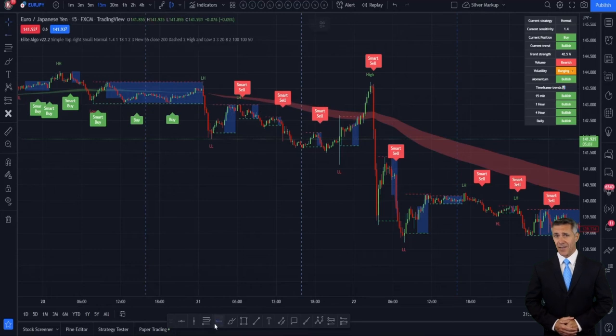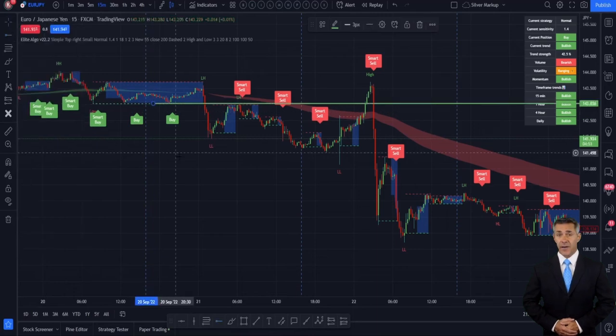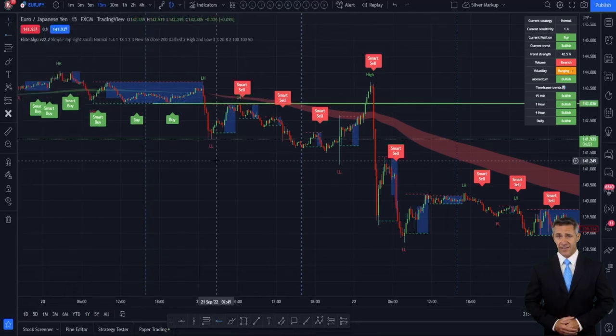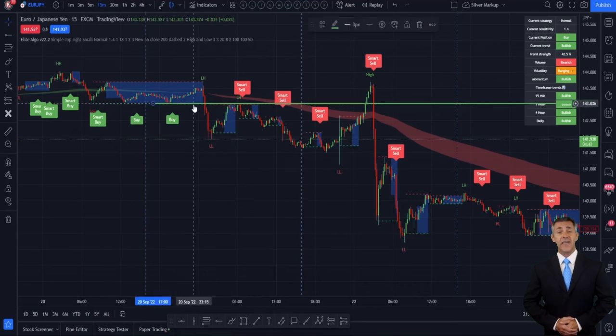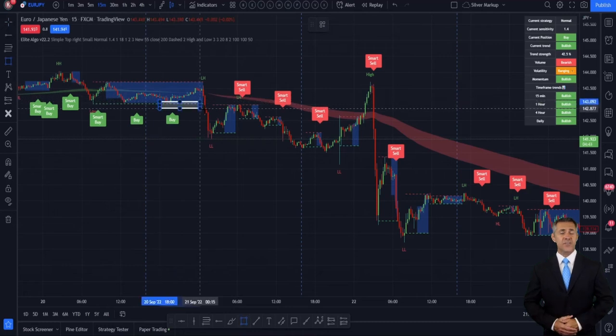What you can do sometimes is take this horizontal ray tool, which you can find right here, horizontal ray, and you can also use Alt J, and it'll place it right where your cursor is when you push that shortcut. But this can be your area. And what I like to do also is have this area here.